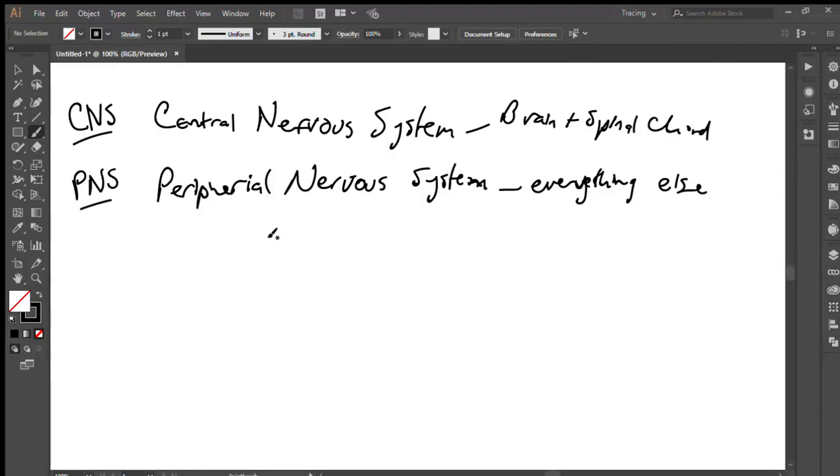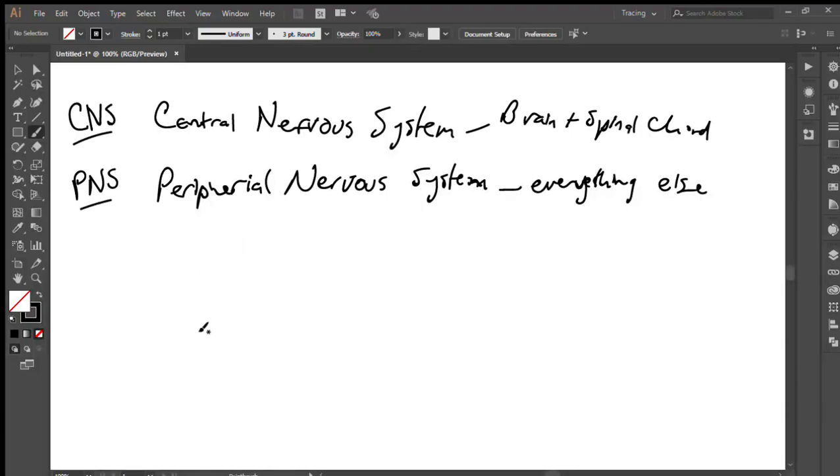What's the peripheral nervous system? It is the nerves that come off the brain and the spinal cord and go to all the other areas of the body. So on that big kind of scary diagram, all you have to remember is the brain and the spinal cord, and notice that the brain and spinal cord are the central nervous system. Everything else is the peripheral nervous system.